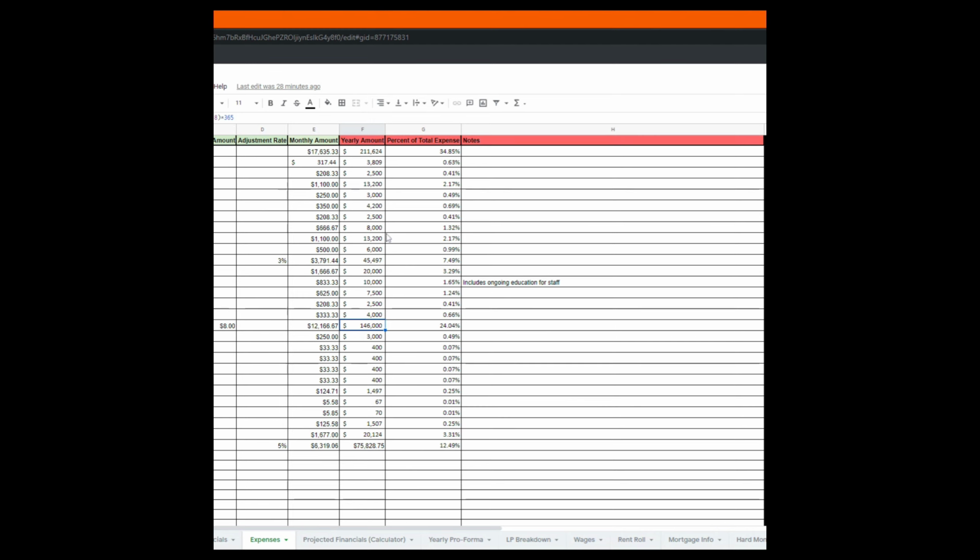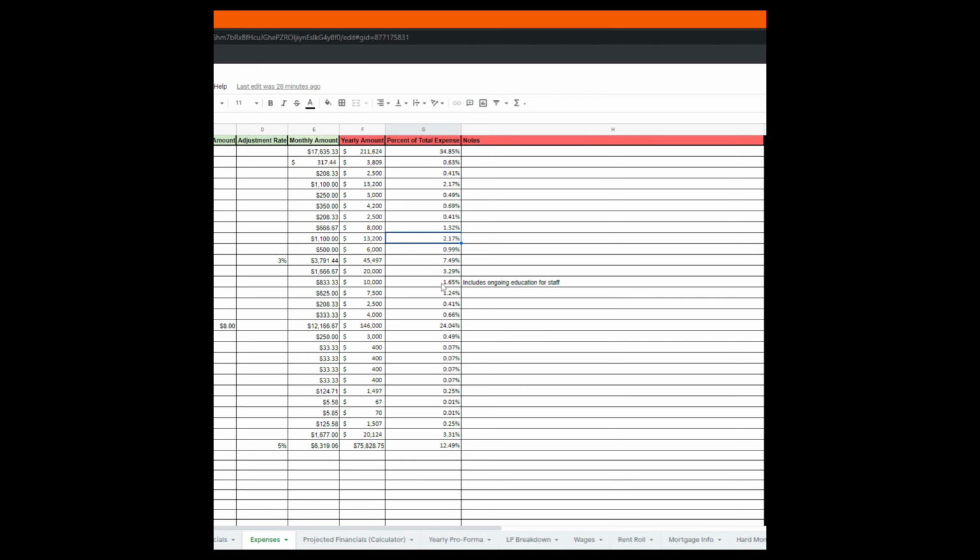Okay. This right here is the percent of the total expense. This is just a formula letting me say this expense amount right here, this 211,000, divided by the sum of all of these expenses, just so I can get a feel for how much I'm spending on each of these different line items.